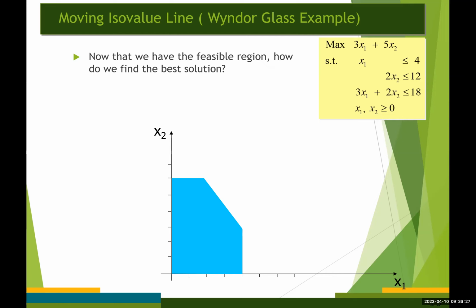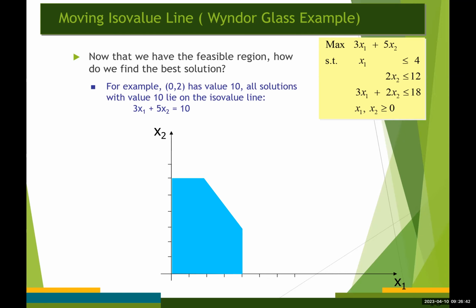To draw the isovalue line, what you need is to choose any point in the feasible region and calculate its objective function value. For example, if you choose the point (0, 2), then the corresponding objective function value becomes 10. So (0, 2) lies on the isovalue line 3x1 + 5x2 = 10.